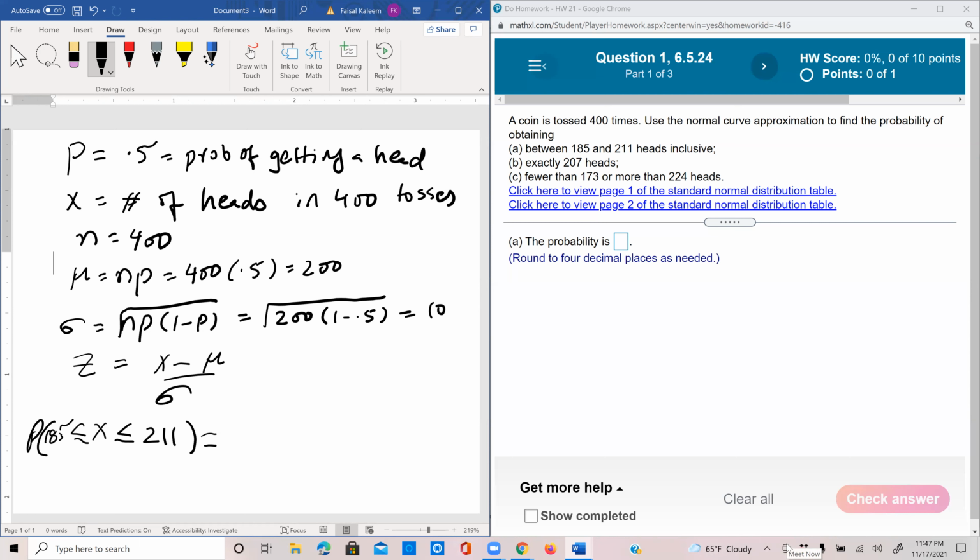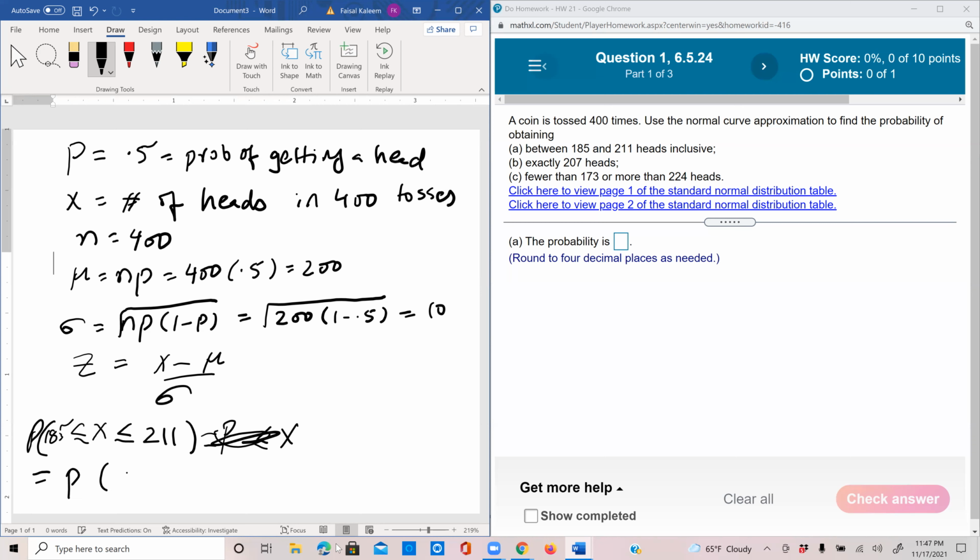Anytime we are greater than or equal to 184.5, that rounds up to 185. So in practice, if we apply the continuity correction, we're having x greater than or equal to 184.5.